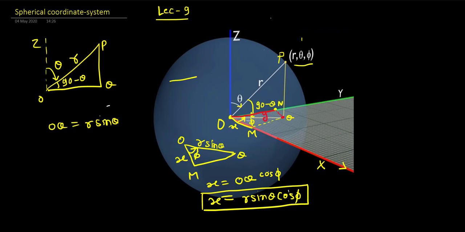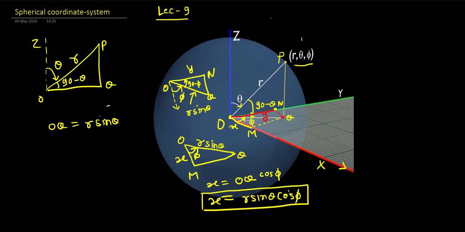So just consider this triangle O, N and Q. So this is our x-axis and this was angle phi. So this would be 90 minus phi. Yes, and this is our distance y, and this distance OQ we got as r sin theta.